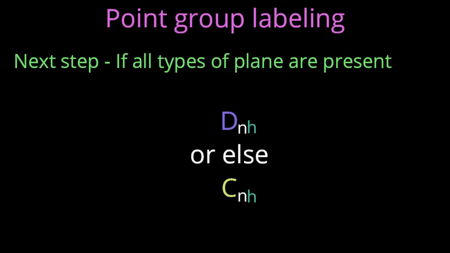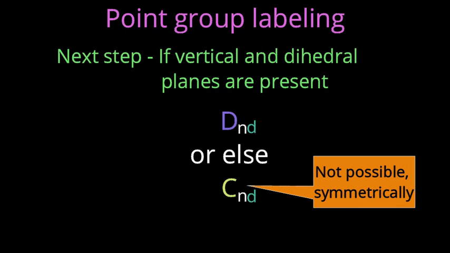Where should we mention that? That Cn or Dn that we found, no? There H will follow that N. So it can be now CnH or it can be DnH. But suppose horizontal plane is not there. Only two planes are there, vertical and dihedral.